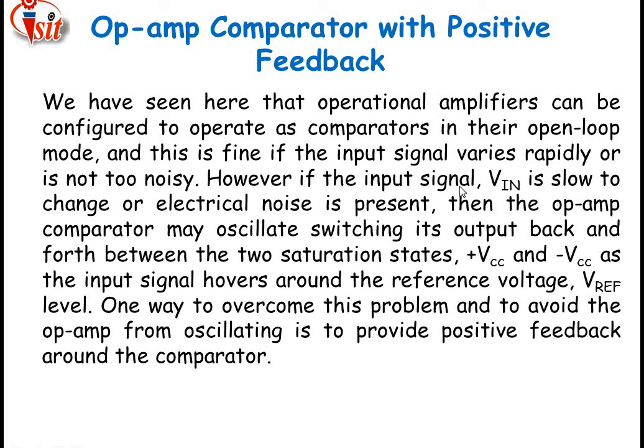However, if the input signal, that is Vin, is slow to change or electrical noise is present, then the op-amp comparator may oscillate, switching its output back and forth between the two saturation states, that is plus VCC and minus VEE, as the input signal hovers around the reference voltage level. One way to overcome this problem and to avoid the op-amp oscillating is to provide positive feedback around the comparator.